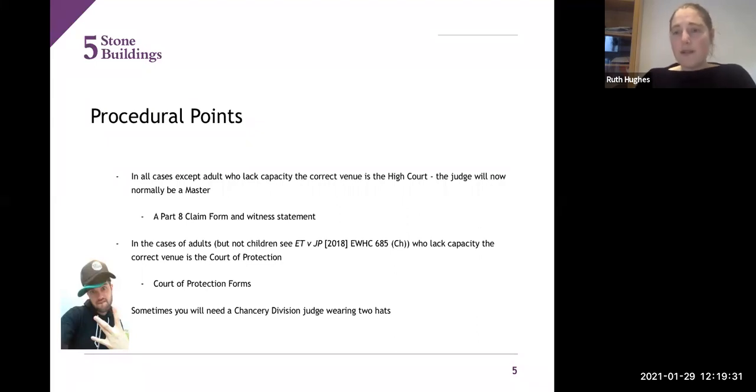What you're going to want for a classic High Court Variation of Trust Act application is a Part 8 claim form and a witness statement. Normally these applications are brought by the trustees, but they can be brought by the settlor or an adult beneficiary.